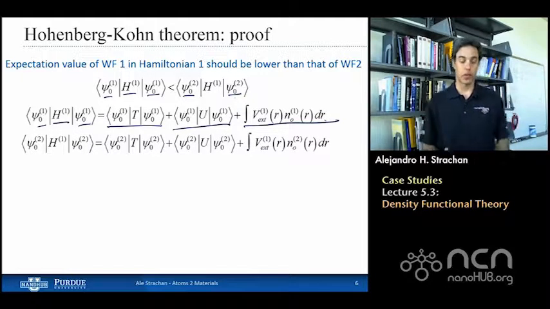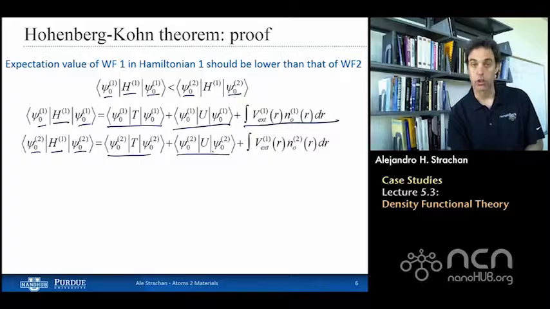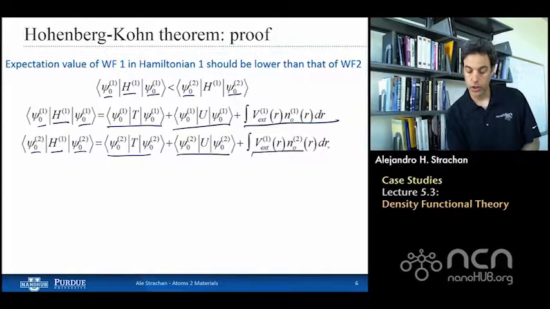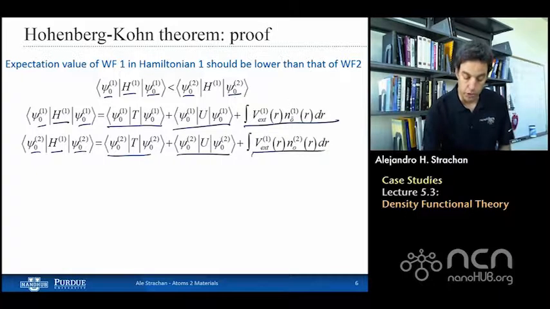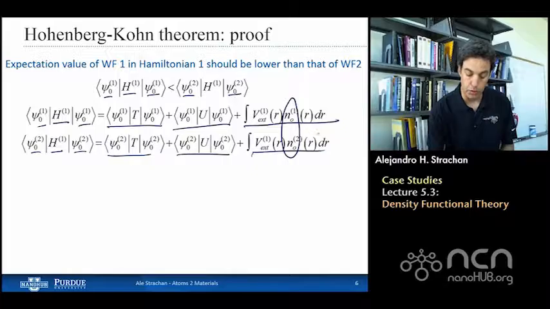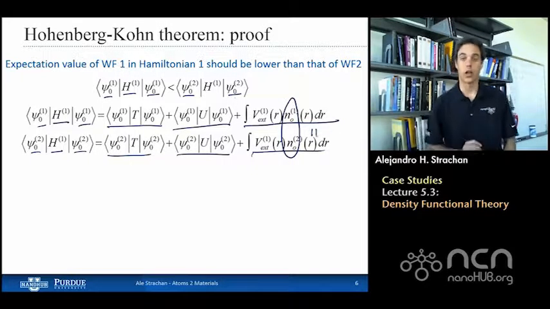Now I do the same thing for the second term. It's Hamiltonian 1, but now I'm using wave function 2. So kinetic energy, electron-electron interaction, and the interaction with the external potential. But remember, we said that the two densities were the same. So that means that the last two terms are equal to one another.